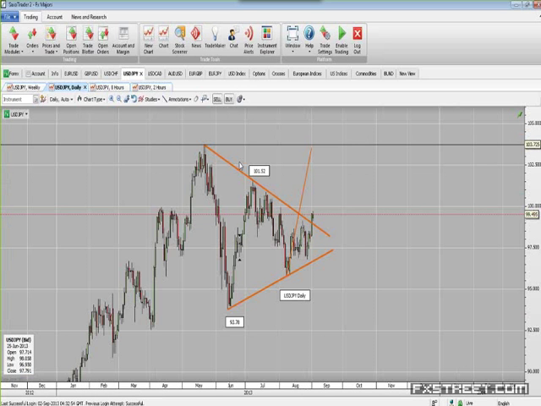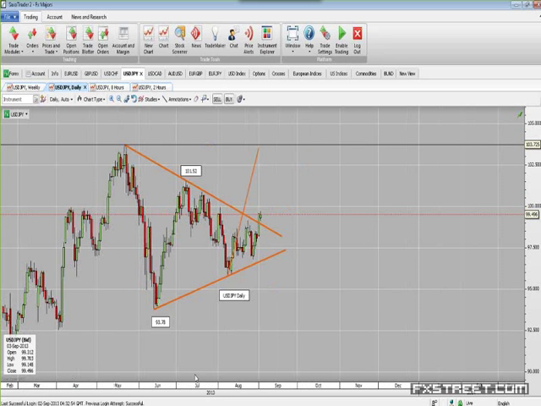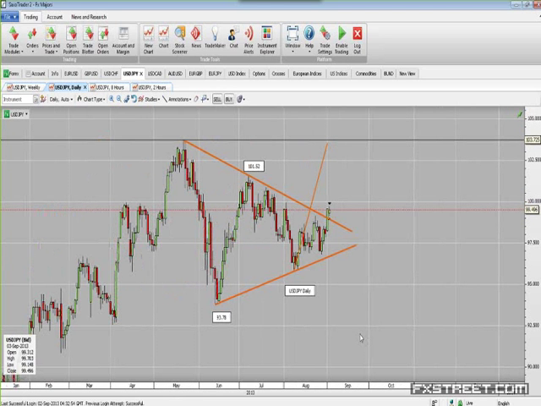So dollar yen, Bill and Ben, was in a large consolidating daily triangle formation. We had some good figures out of Asia over the weekend.